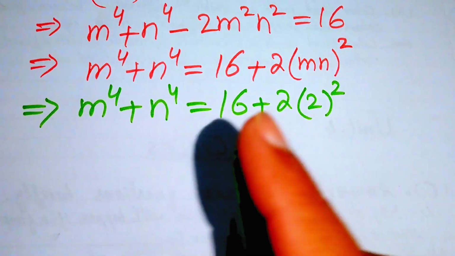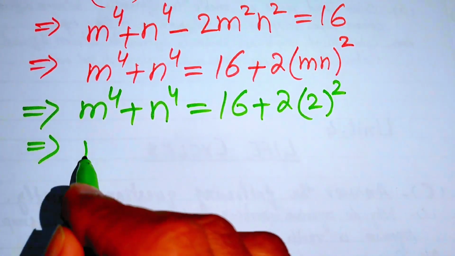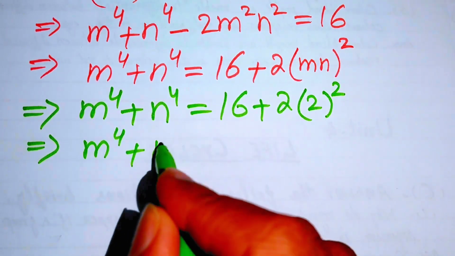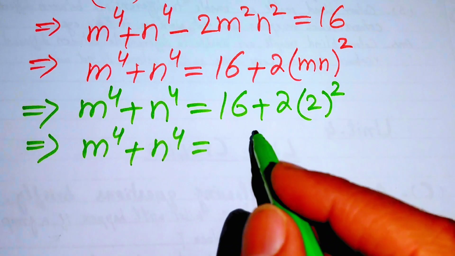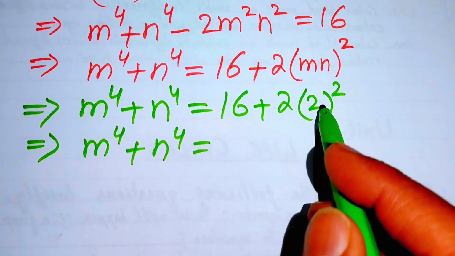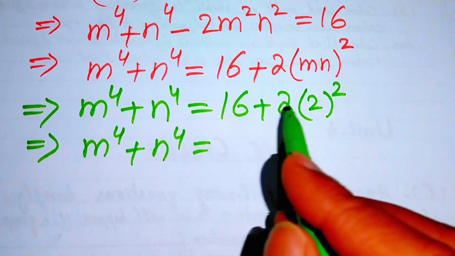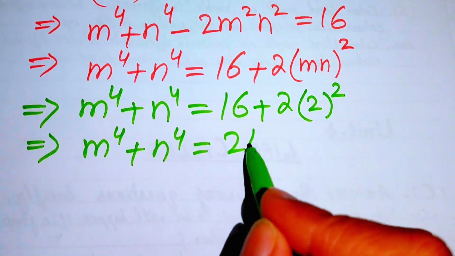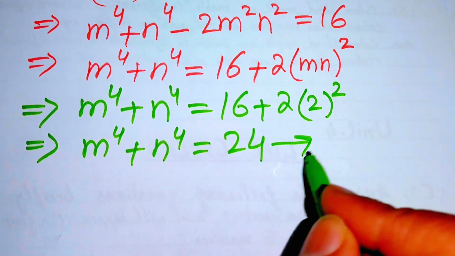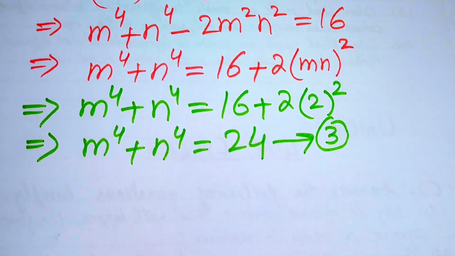So now we simplify its right hand side and we get the value of m to the power of 4 plus n to the power of 4 equals, here you have 2 square becomes 4, and 4 times 2 is 8. So 16 plus 8 becomes 24, and we call this equation number 3.